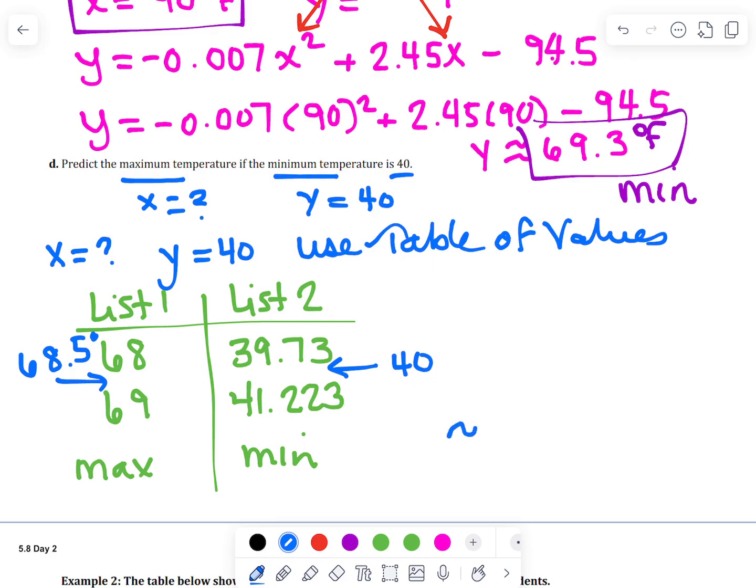So the approximate temperature for the maximum would be about 68.5 degrees when our minimum temp is about 40 degrees.